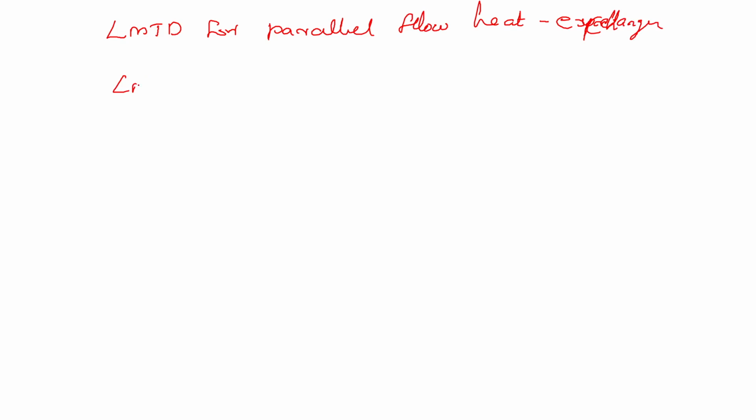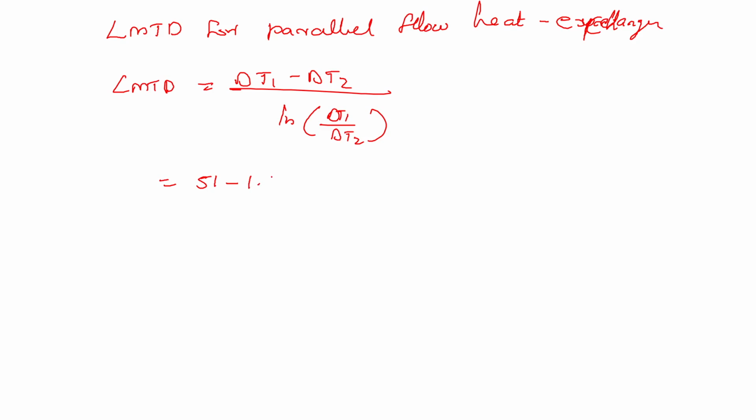The LMTD formula is delta T1 minus delta T2 divided by log of delta T1 divided by delta T2. So it will be 51 minus 1.12 divided by log of 51 divided by 1.12, which is 13.06 degrees Celsius. This will be your LMTD.